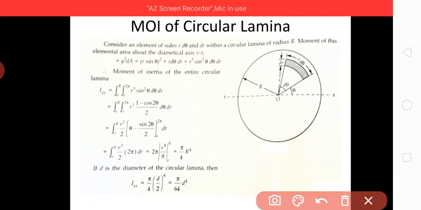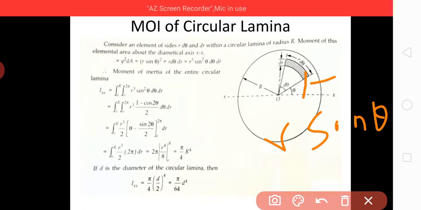So its moment of inertia about the x-axis will be y square dA, whereas y is r sin theta. This is y, basically the vertical distance from the axis, it is r sin theta.